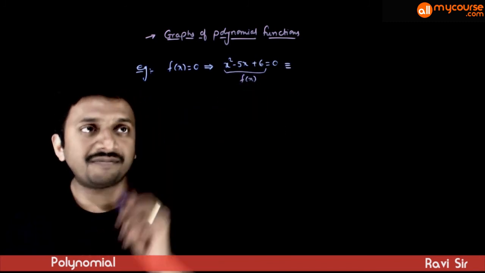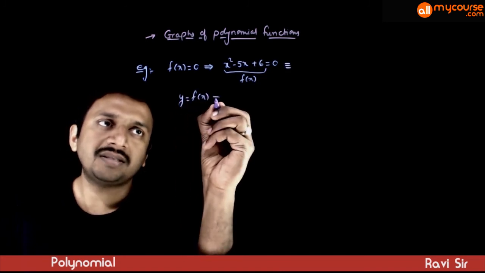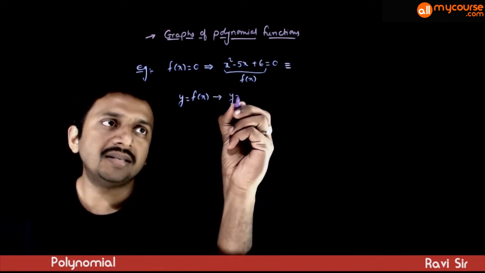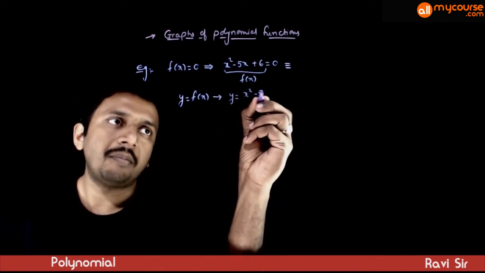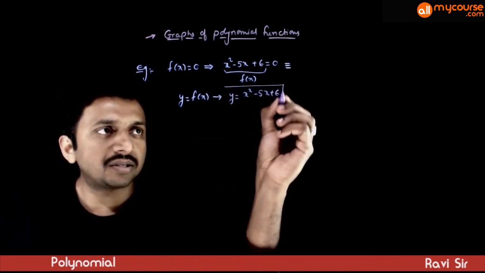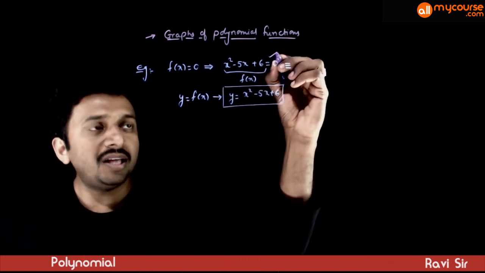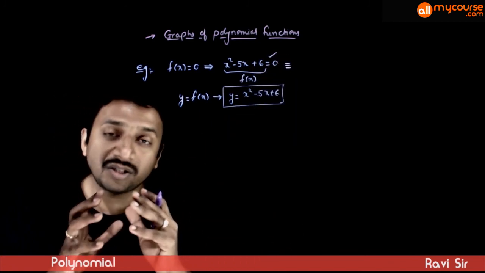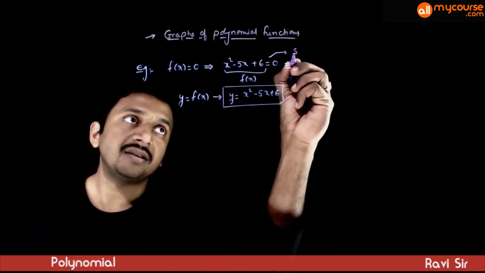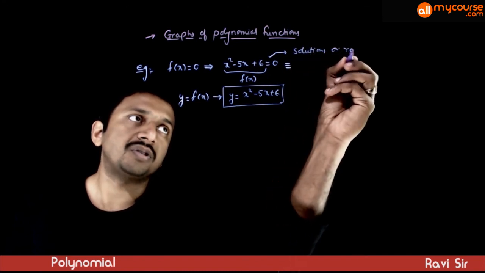Now corresponding to this equation, this is my f of x. If I define a function y is equal to f of x, this is called a polynomial function. That is, y is equal to x square minus 5x plus 6. A polynomial equation has solutions or roots.